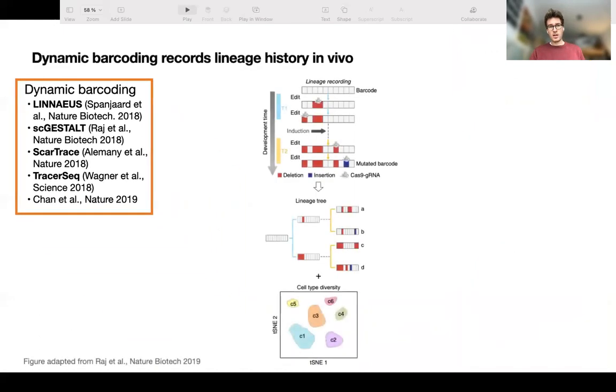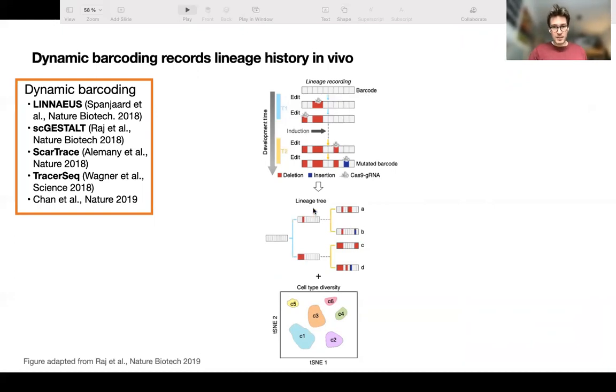Now, I want to go a little bit more in depth for the dynamic barcoding. These approaches usually work by introducing a barcode into the DNA together with a CRISPR-Cas editing system, which continuously edits the barcode, introduces indels. These indels are inherited to daughter cells, which continue to accumulate mutations.